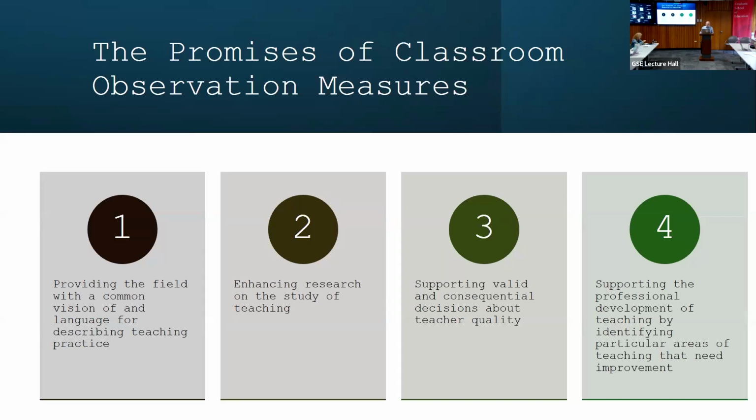A second was to enhance research and the study of teaching. And then with the press for accountability measures, the idea was, could this contribute to supporting valid and consequential decisions about teacher quality? And finally, I think the larger goal, although not always realized, was to support the professional development of teaching by identifying particular areas of teaching that needed improvement.